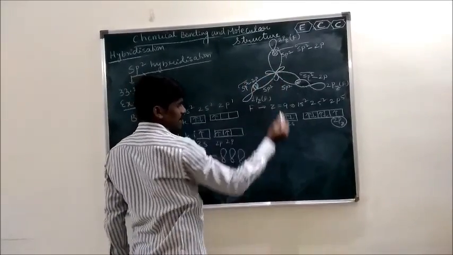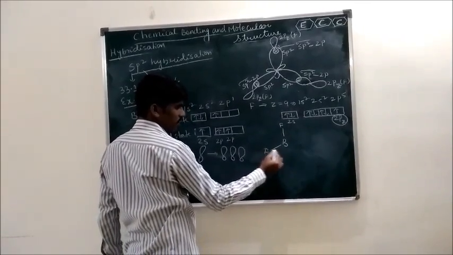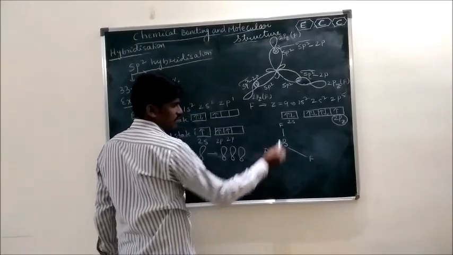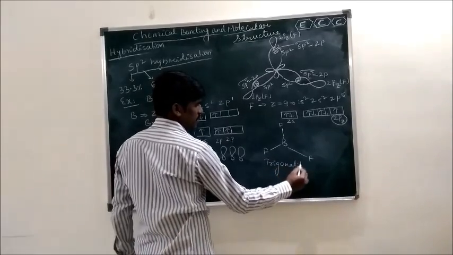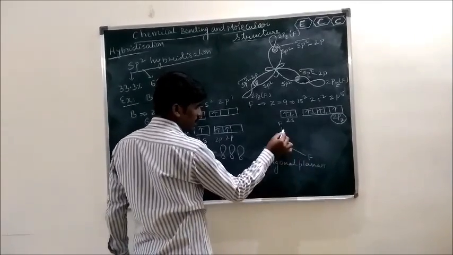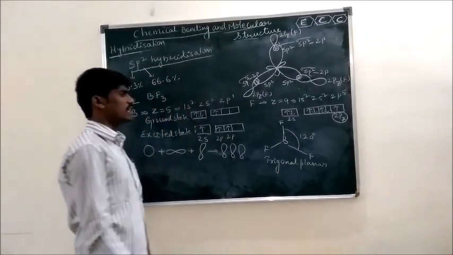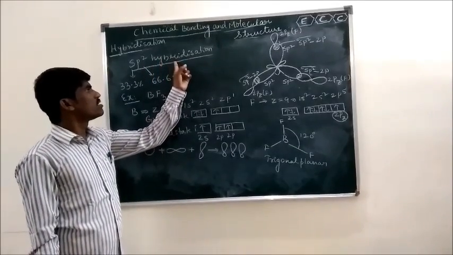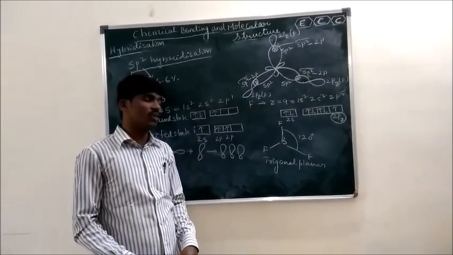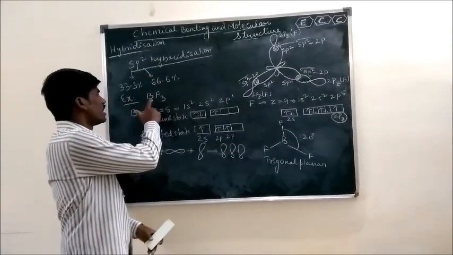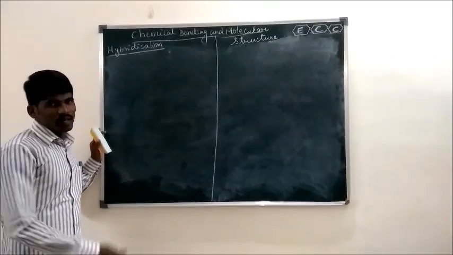Now, with boron as the central atom, fluorine is linked like this, and another fluorine and another fluorine, which gives an arrangement called trigonal planar, with a bond angle of 120 degrees. That means an sp2 hybridized molecule has a bond angle of 120 degrees and trigonal planar shape. For that, we have discussed the example BF3. Hope you understand sp2 hybridization.